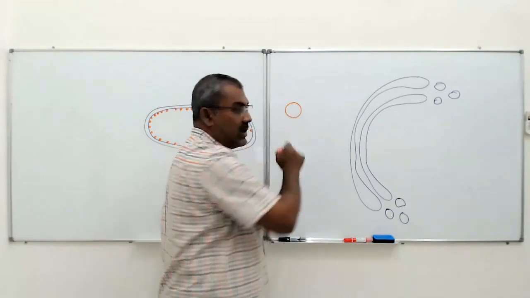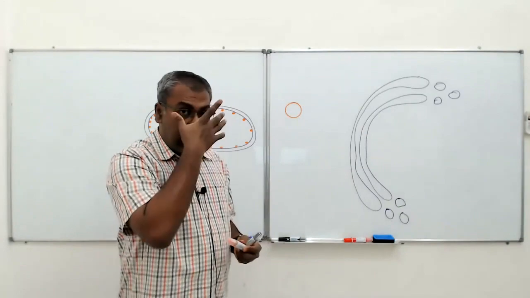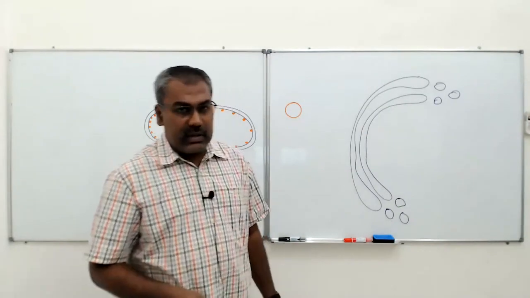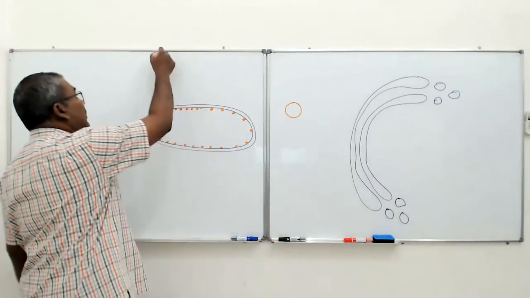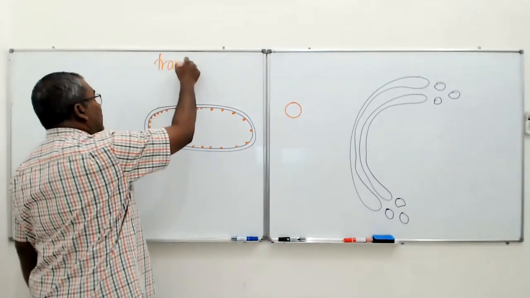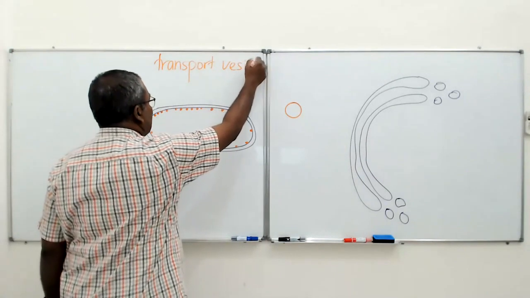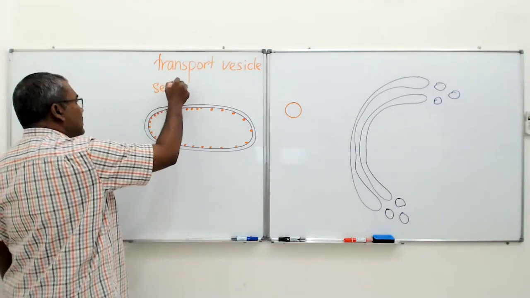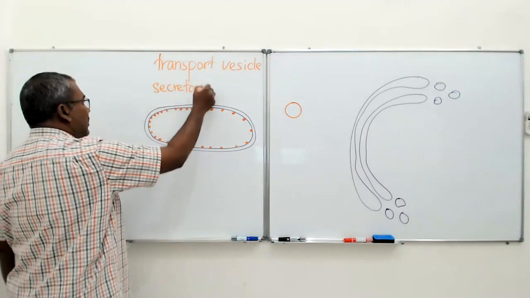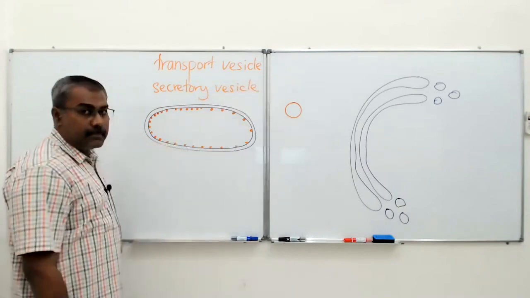We have something here, we call this vesicle. Kita ada 2 jenis vesicle, kita akan belajar kemudian. Satu dipanggil sebagai transport vesicle. Another one is called secretory vesicle. So kita ada 2 jenis vesicle.